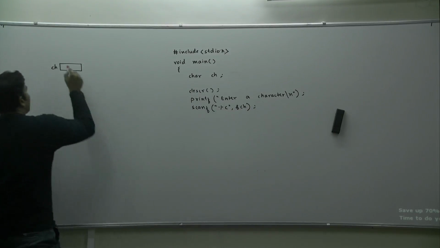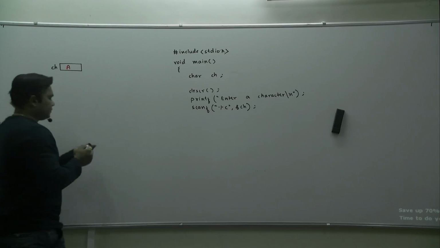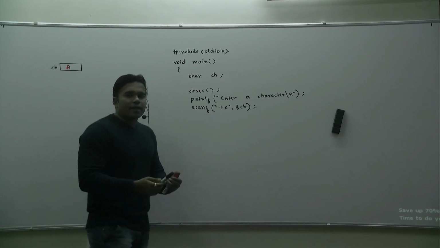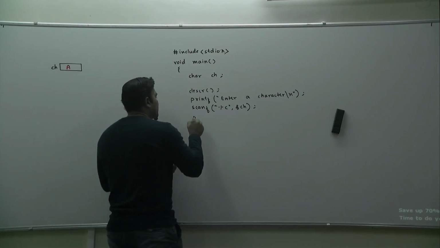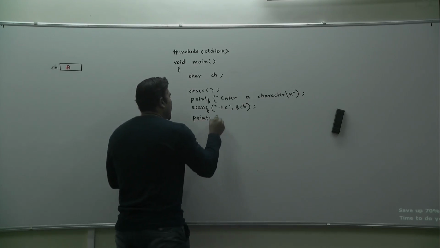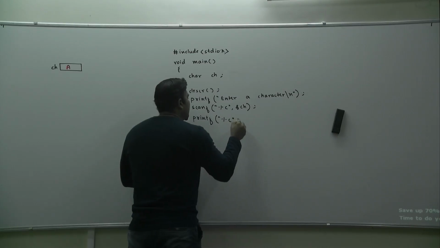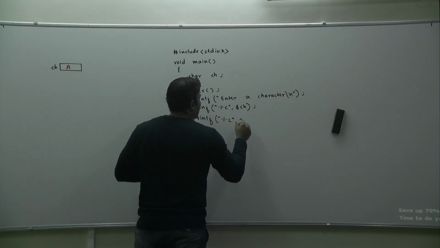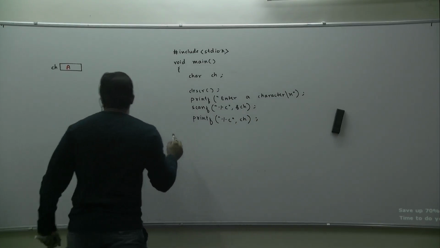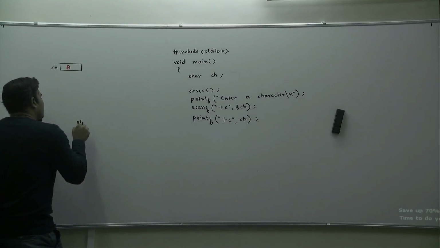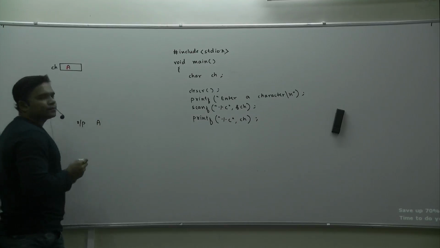That a I would be putting here. Now I want to print it. You can do it in two ways. One way is this: just write printf %c, and use the memory location's name. If you write ch, then whatever is there at ch gets printed. In other words, a is the output.